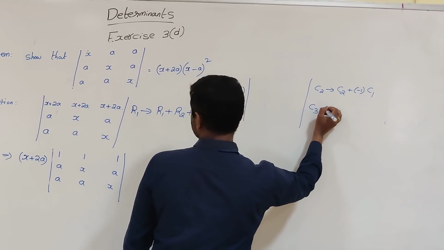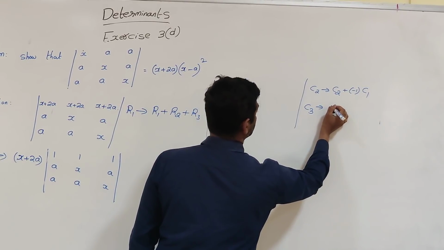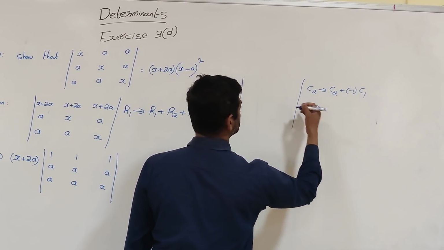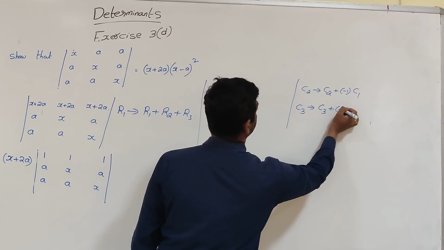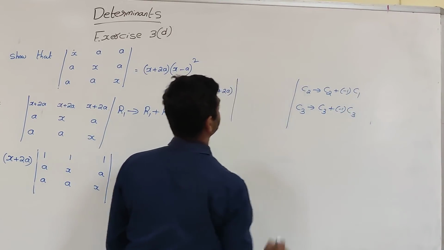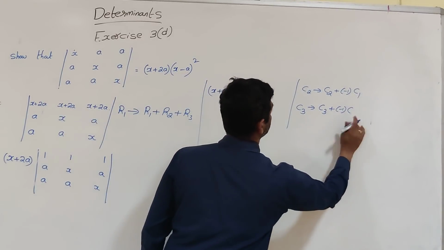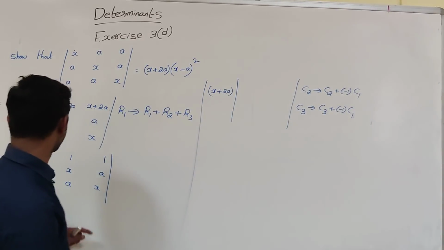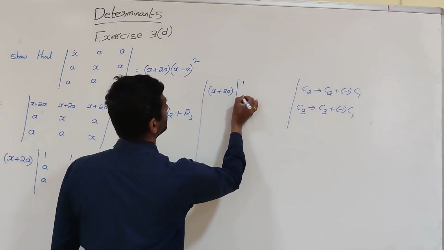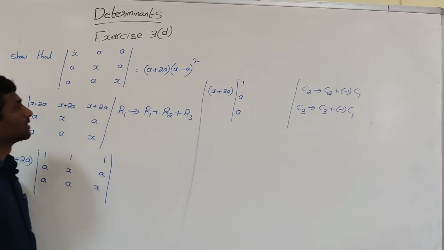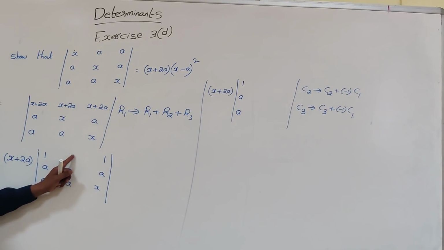Similarly, C3 is also going. So in this same determinant, we are applying two operations, C3 plus minus 1 times of C1. Now the first column elements will be the same, 1, a. Column 2 elements are added with minus 1 times of column 1 elements.